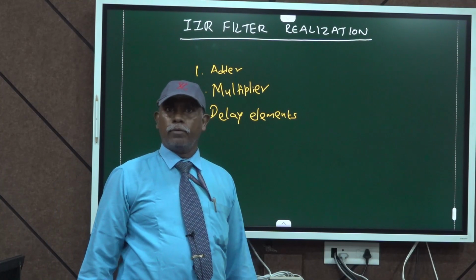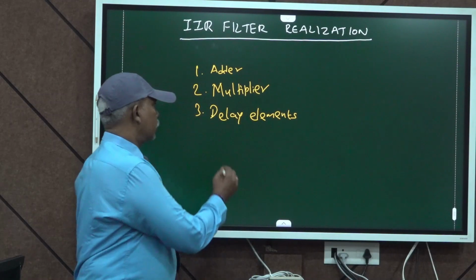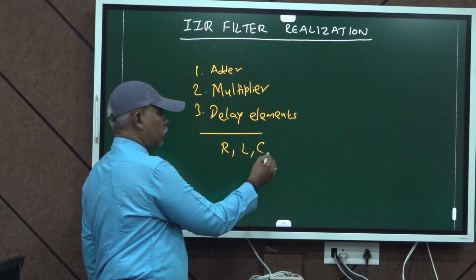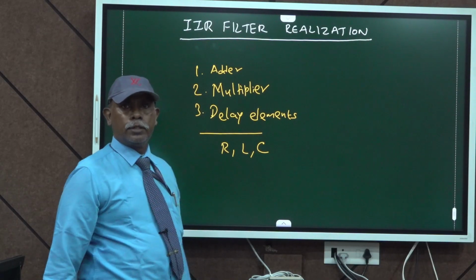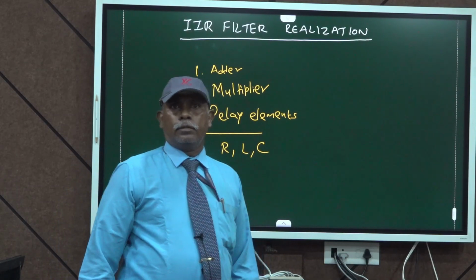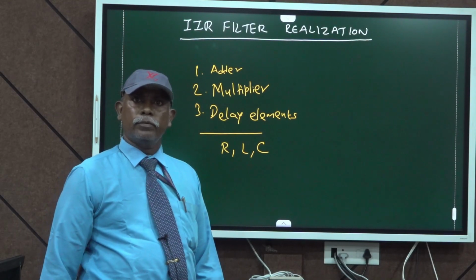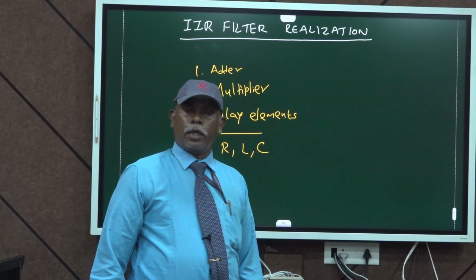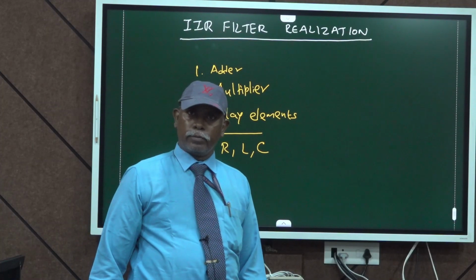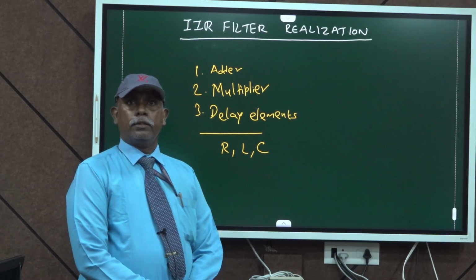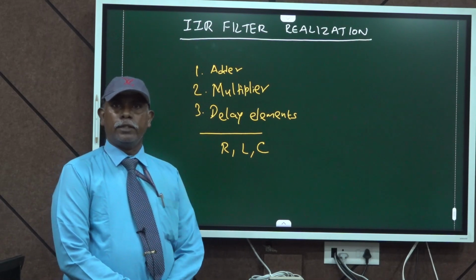We know that for analog filter implementation we need R, L, C, the electronic components useful for implementing analog filters. Analog filters also have 4 types: low pass, high pass, band pass and band stop, but different values of R, L, C are needed.